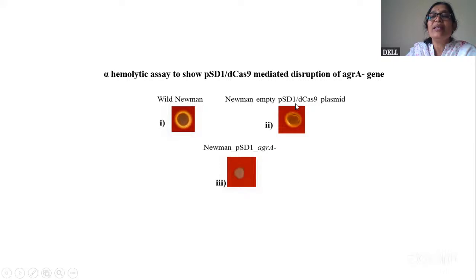Where there is only the plasmid, there is hemolysis. But when we put in the AGRA spacer, hemolytic activity is completely controlled. It is completely gone. So this fortifies our observation of different gene expressions in dCas9 with the AGR spacer.